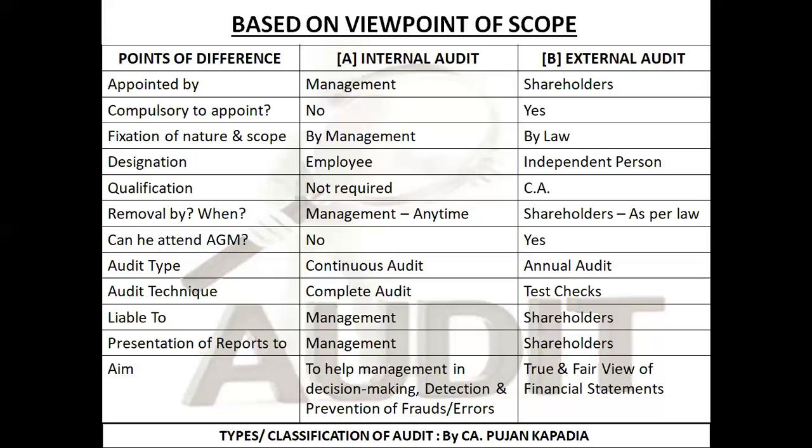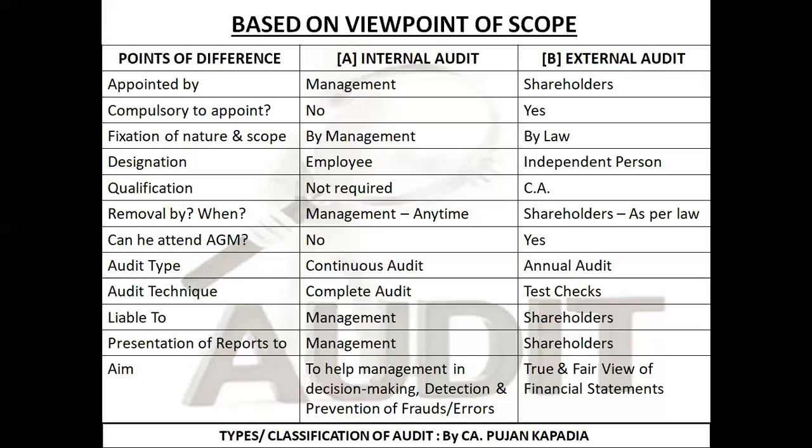And secondly, if I feel that the accountant is doing any fraud, or any employee is doing something wrong, or there is a certain error, the internal auditor is going to check each and everything on the basis of continuous audit, as a result of which it becomes easier to identify, detect and prevent any kind of fraud or error. So the main objective, the main aim of the internal auditor is to help management in decision making and to identify and prevent errors and frauds.